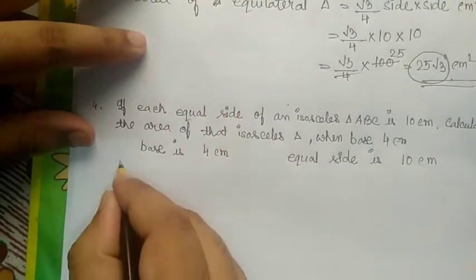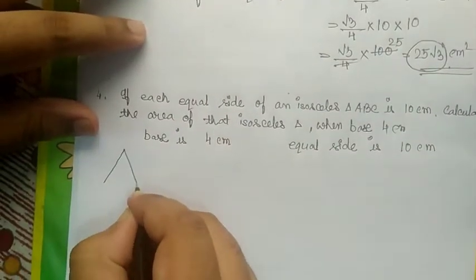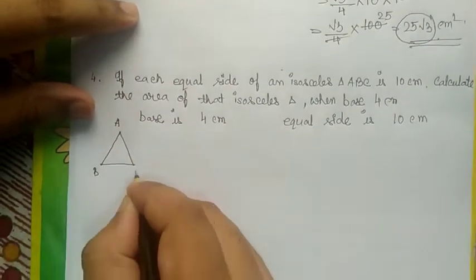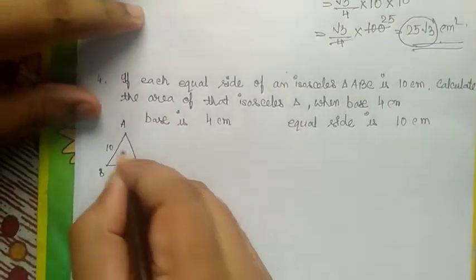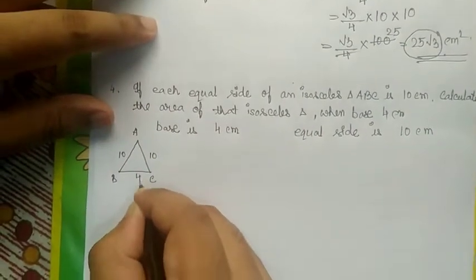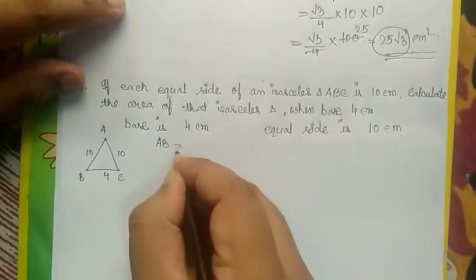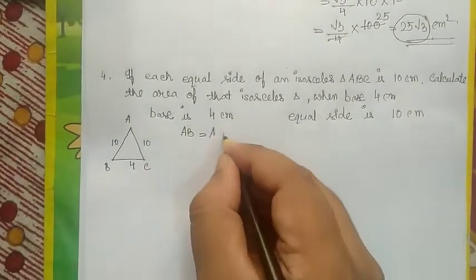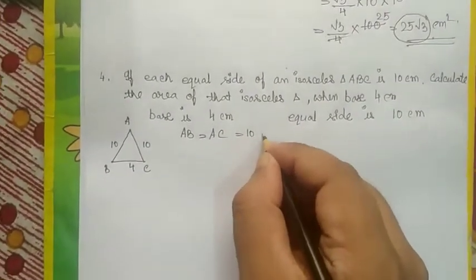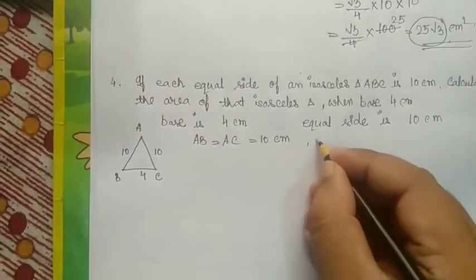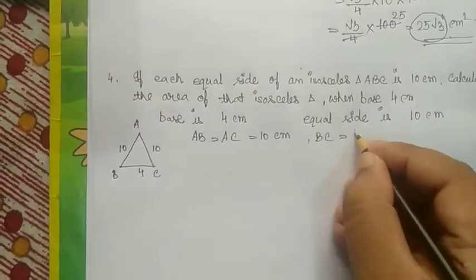So therefore, if we draw a picture like this one, ABC, this is 10, this is 10 and this is 4. So therefore we're going to say that AB equal to AC equal to 10 centimeter and BC equal to 4 centimeter.